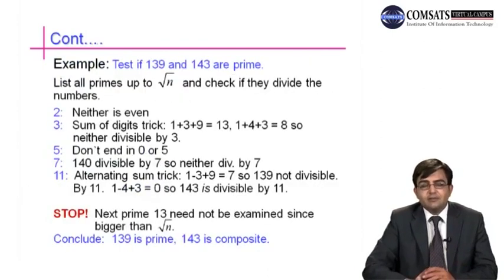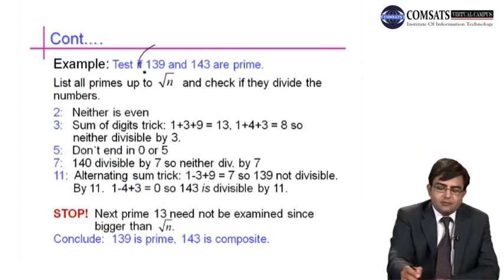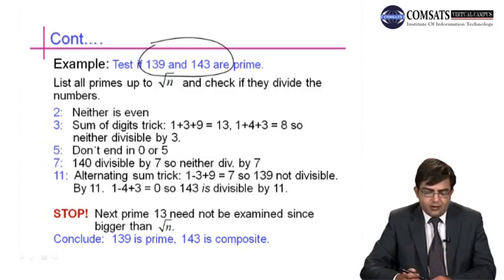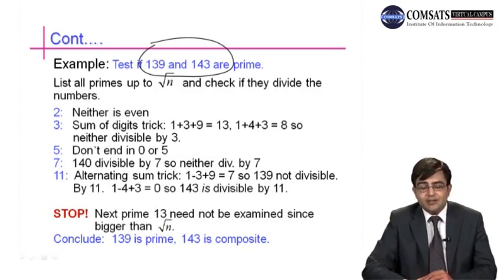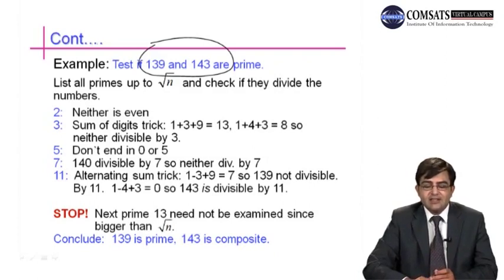If we have two composite-looking numbers, 139 and 143, which we have to prove whether these numbers are prime or not, how shall we proceed? We shall list all the prime numbers which are less than the square root of these numbers.